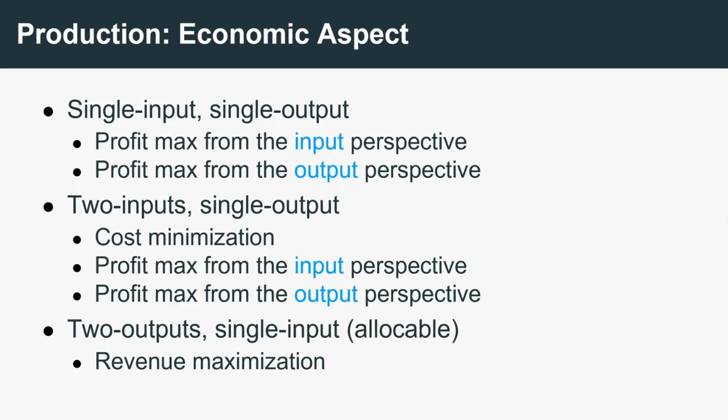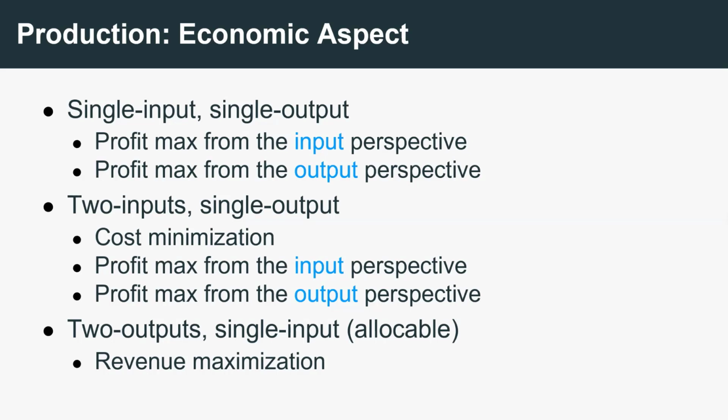And we actually spent a lot of time on the economic aspects. Here I listed, under the single input, single output case, that we did profit maximization from both the input and output perspective. And then when we have 2 inputs, we first introduced the idea of cost minimization, and then we also did profit maximization from the input and output perspective.